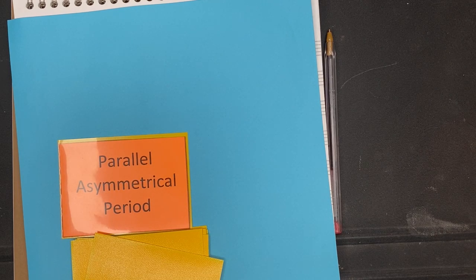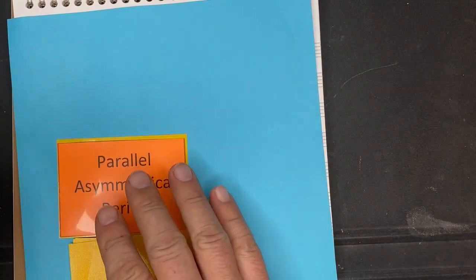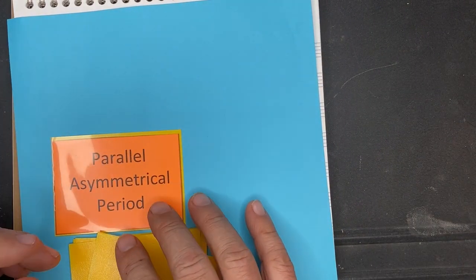Period has a question and an answer section, antecedent and a consequent. And it's possible these could be more than two phrase periods, but the basic ones are two phrases. All right, so you should be able to say, okay, let's make a two phrase asymmetrical parallel period.